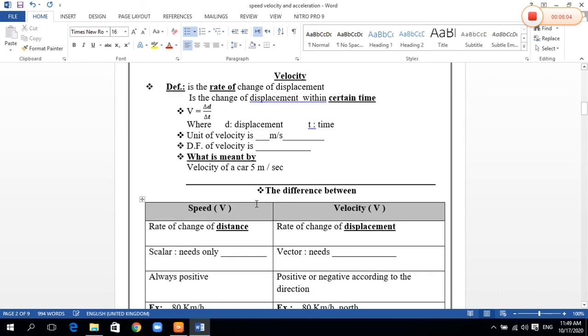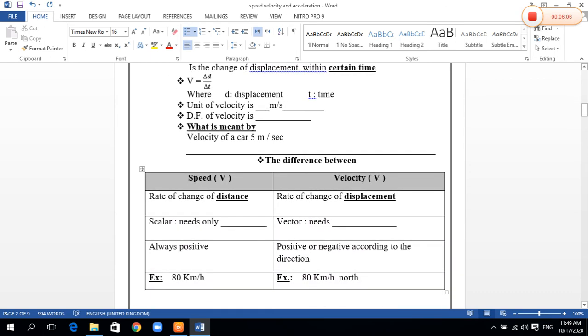Now we're going to compare between the speed and velocity, both of them having the same symbol, both of them represented by v in physics. Speed is the rate of change of distance. Velocity is the rate of change of displacement. The speed is a scalar quantity, needing only magnitude.